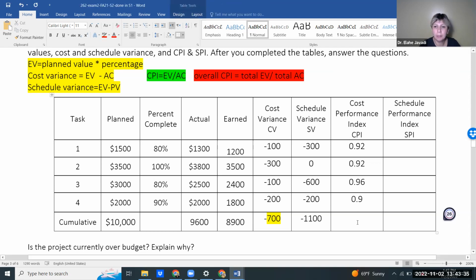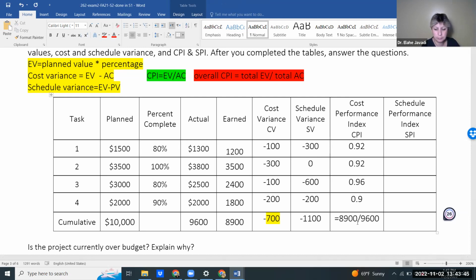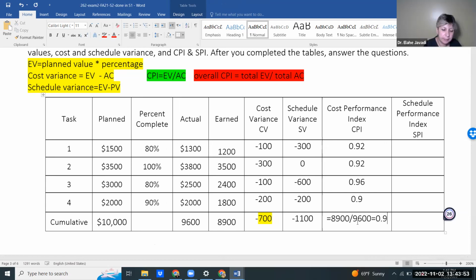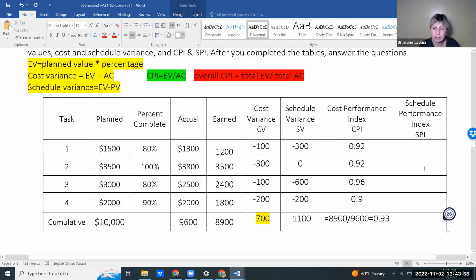So give me that number, Dustin, which is 8,900 divided by 9,600. Do you have that, Dustin? Yeah, it's 0.93. Overall, this month we spent $1, we got 93 cents worth of work completed.